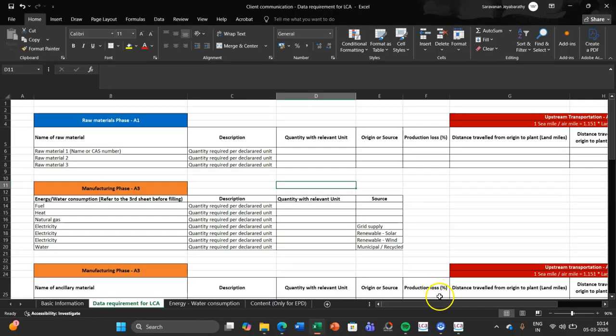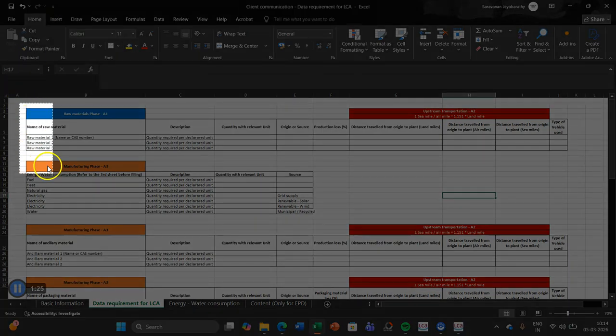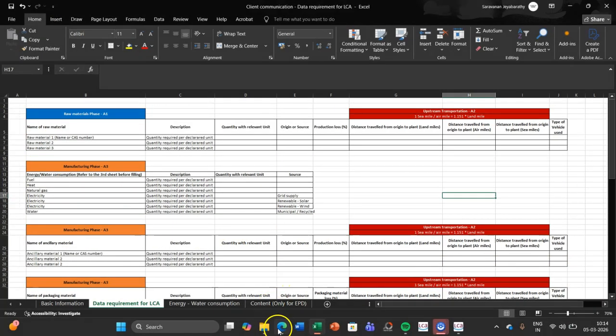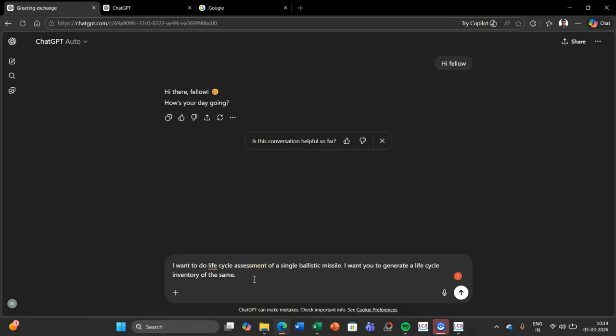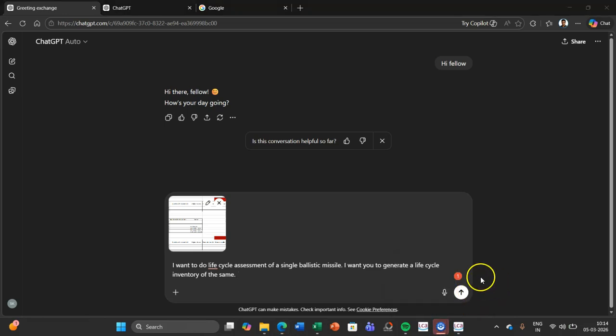So I have a data collection template based on which we may ask the data, right? So the system boundary for this particular study shall be cradle to gate.